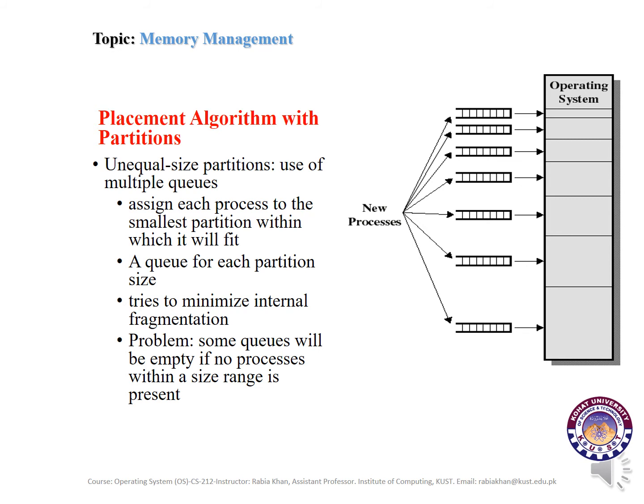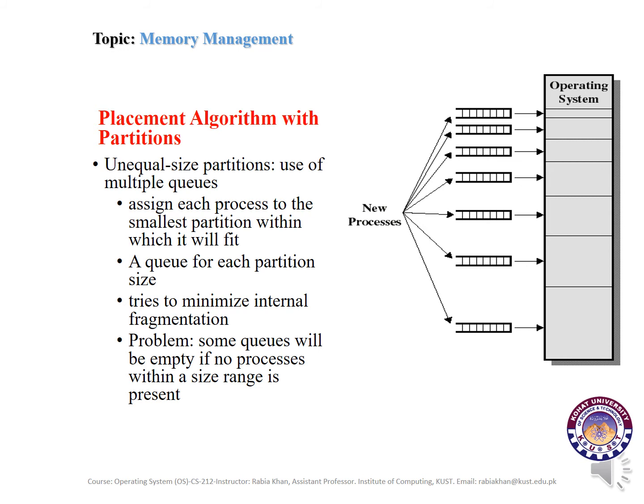So depending on the size of the process, if a partition for its size is not available, it has to wait in the respective size queue to get a chance to be loaded in that partition. This strategy helps in reducing internal fragmentation.